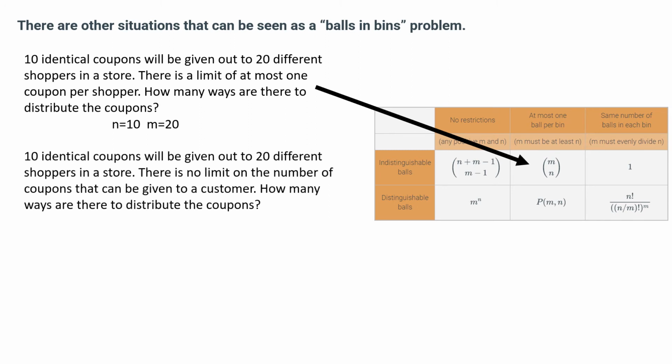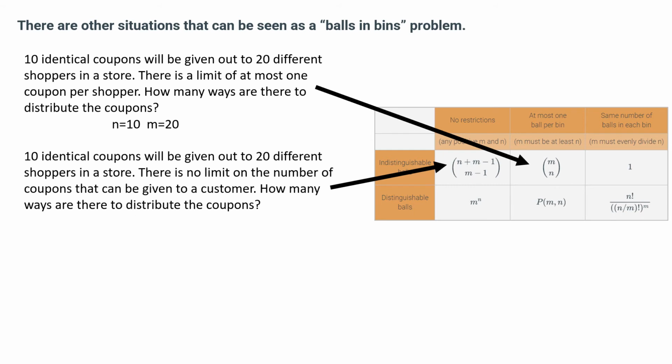Okay, let's look at this one. 10 identical coupons still will be given out to 20 different shoppers. There is no limit on the number of coupons that can be given to a customer. How many ways are there to distribute the coupons? Okay, so now there's no limit. So now we would be up here because we still have the indistinguishable balls, or in this case, identical coupons.